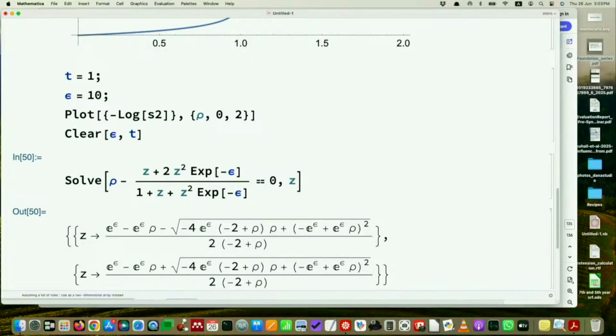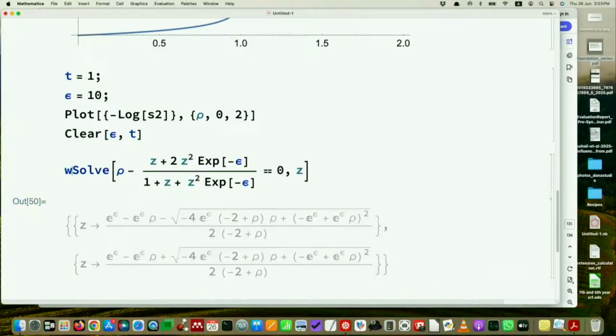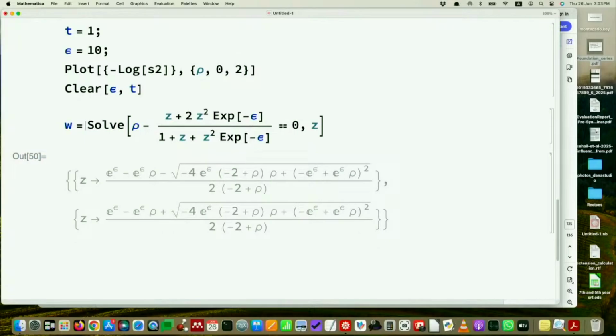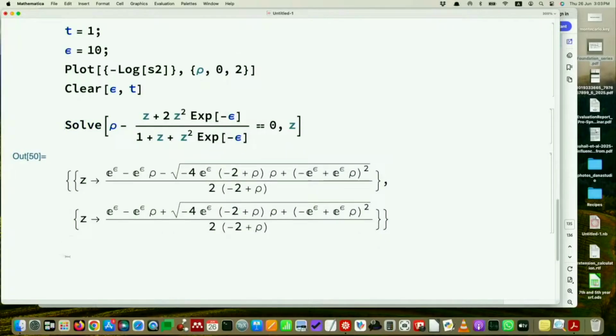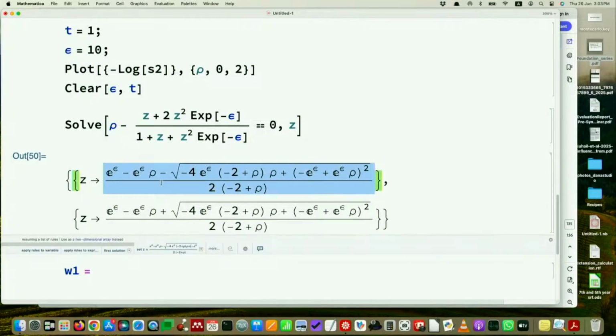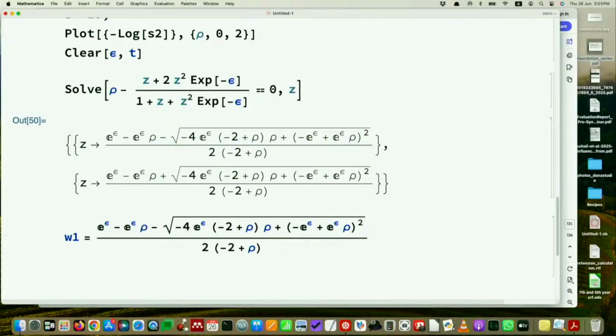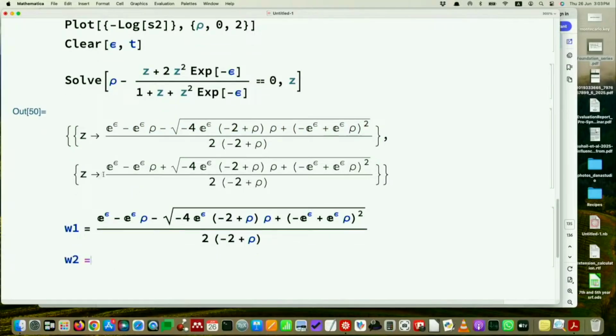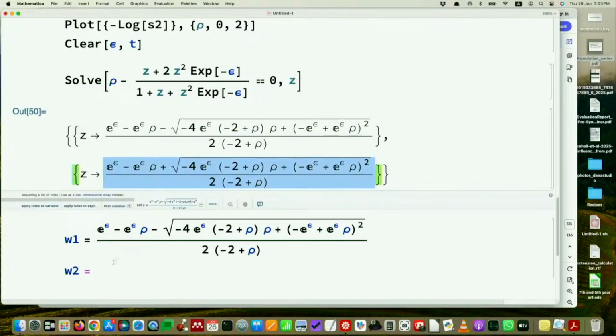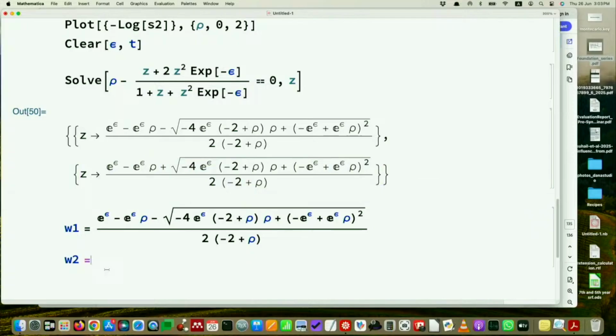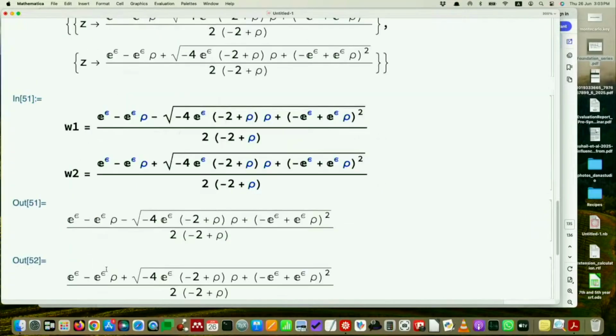And so again 2 roots came, but remember z is positive, so let us call this one w1 and w2 is this one. So we have got 2 roots for z.